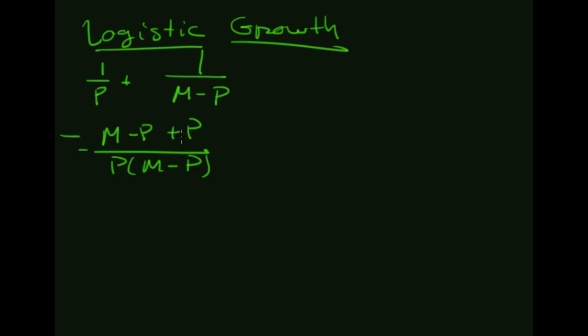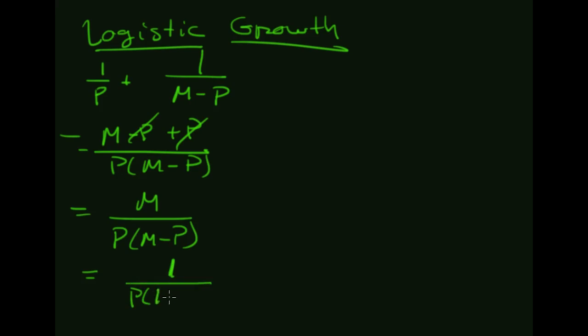The two p's cancel out, leaving me with m over p times m minus p, which leaves me, well, I can be a little bit clever here. I'm going to divide everything through by m. So that's going to take the m out of the top, leaves me with 1.